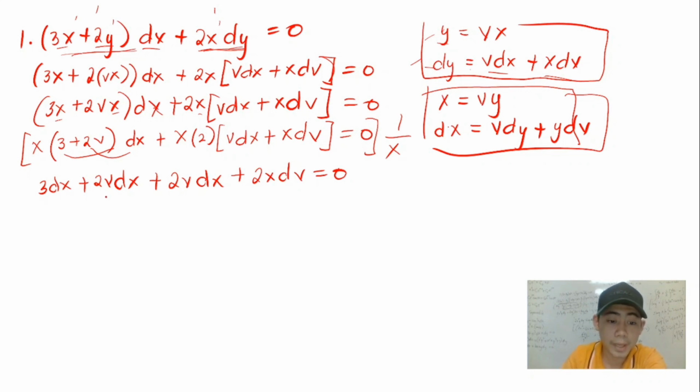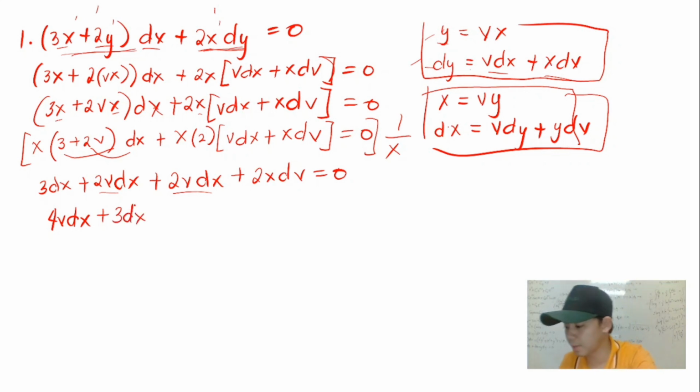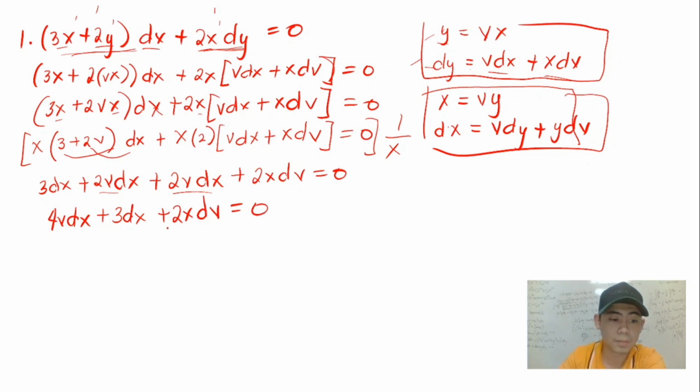So, combining similar terms, for example, 2v dx and 2v dx, therefore, 4v dx, plus 3dx, then plus 2x dv, so is equals to 0.